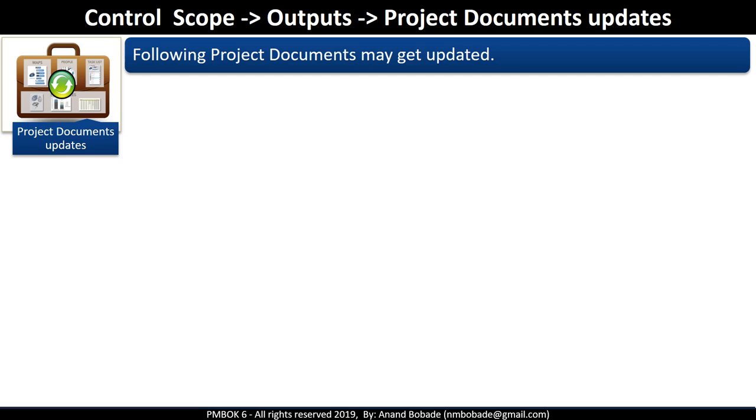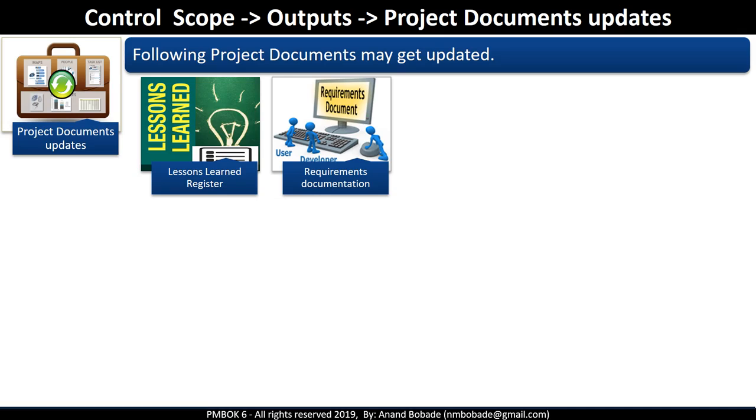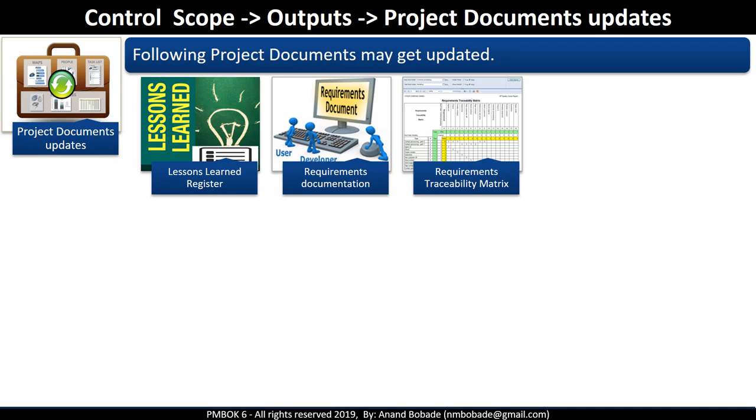Project document updates. Now, some of the documents which get updated are lessons learned register. If control scope is changed to make it more effective and efficient, as we learned on the previous slide, then this information also will be added to lessons learned register. Requirements documentation and requirement traceability matrix.